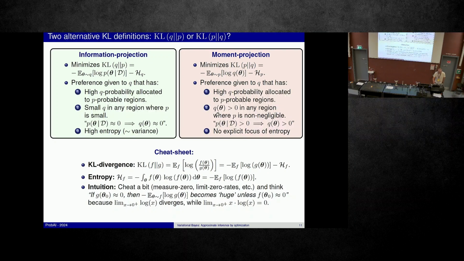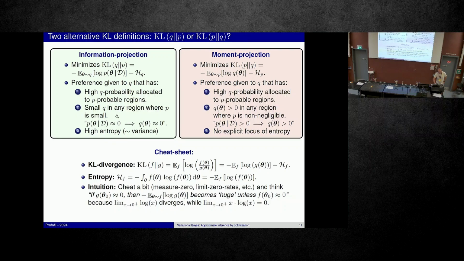Next, whenever we have the expectation operator in play, we need to make sure that this is not 0. So if P is positive, Q must be positive too. And then finally, there is no explicit relation to the entropy part now, because the entropy is with respect to P, which is given, and not with respect to Q, that is optimized. So slightly different ways of thinking.